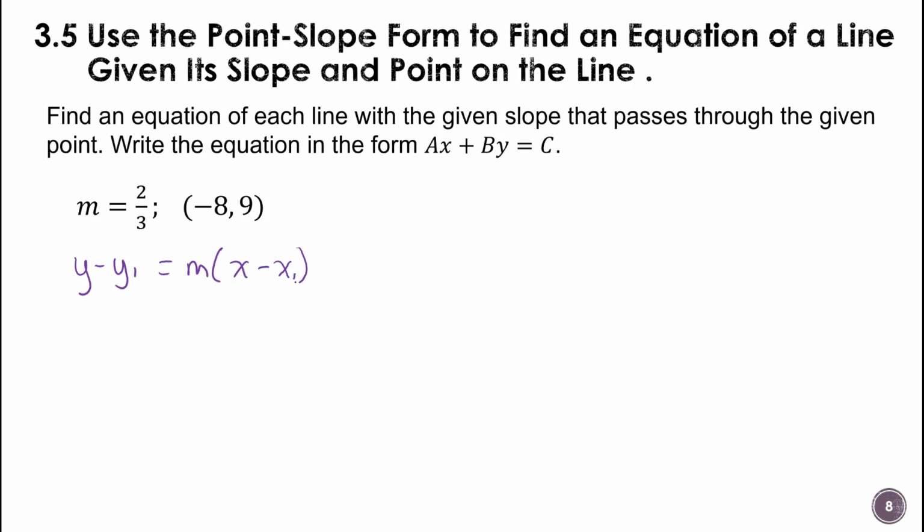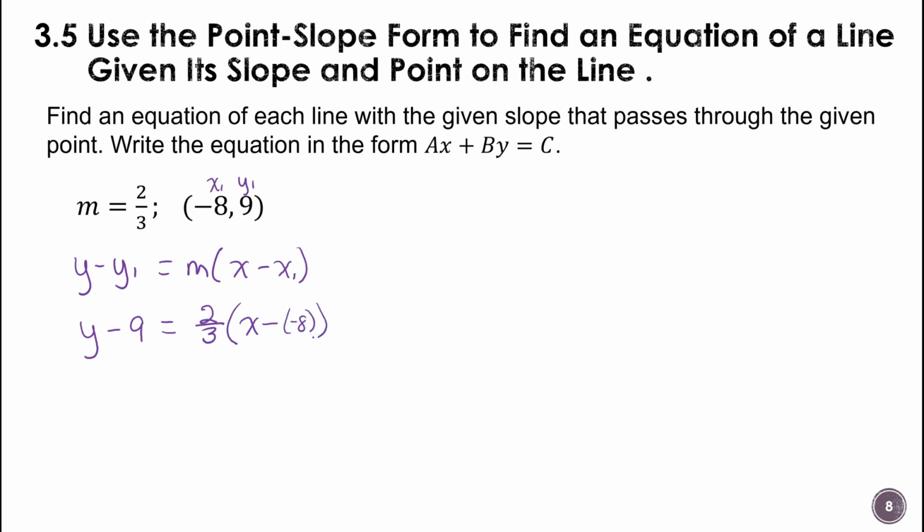Now notice it's minus, so we have to be careful with some signs here. On the 9, since it's positive, this is my x sub 1, y sub 1. So I'm going to have y minus 9 equals my slope of 2/3 times x. Now this is minus a negative 8.